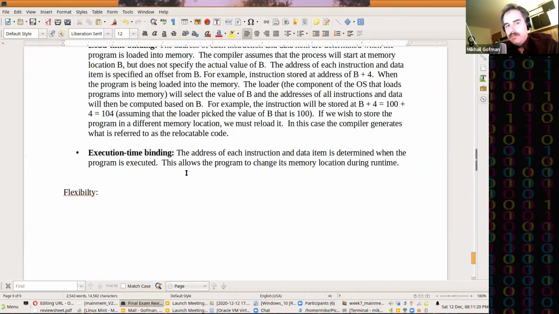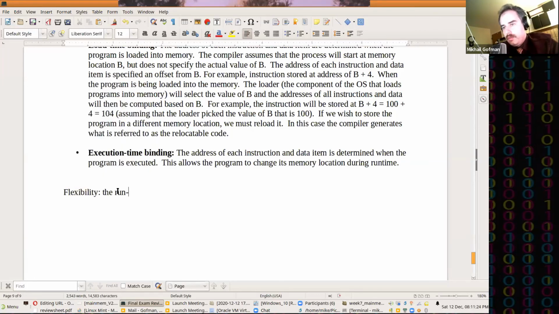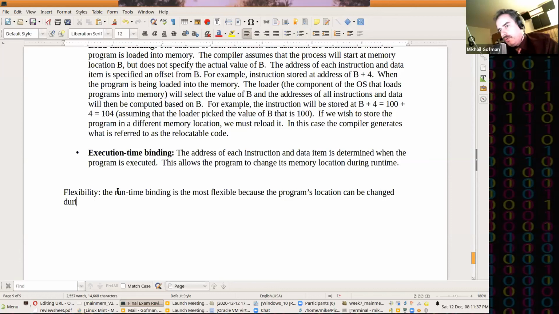So runtime binding is the most flexible, because the program's location can be changed during runtime.